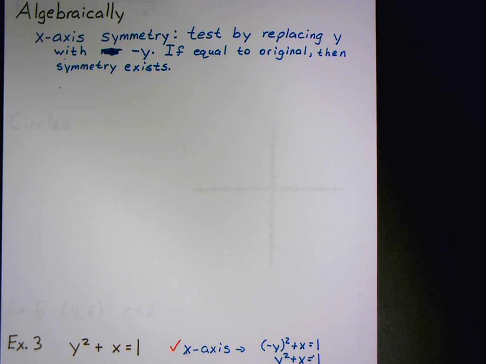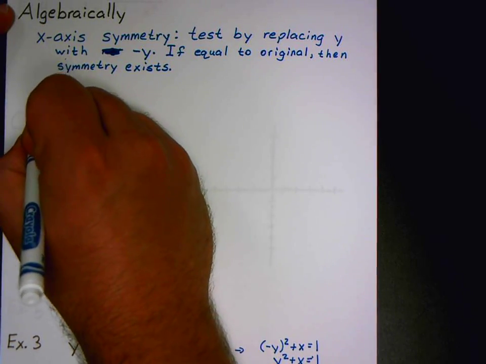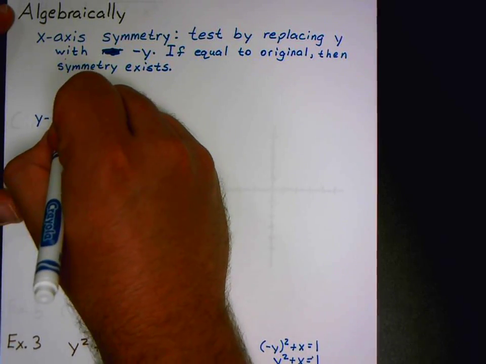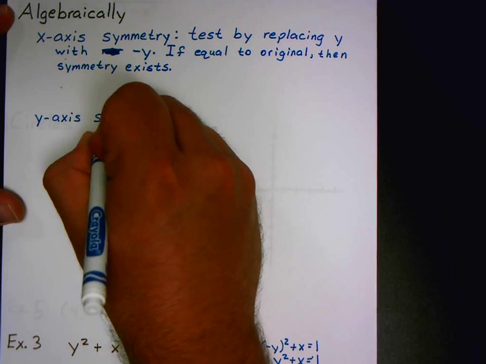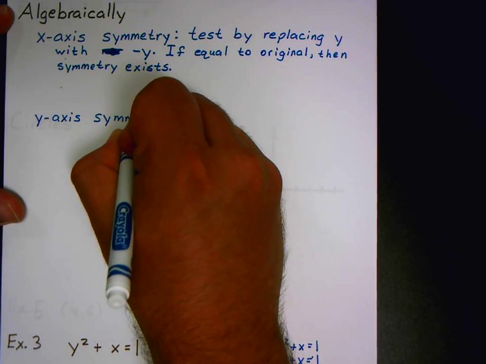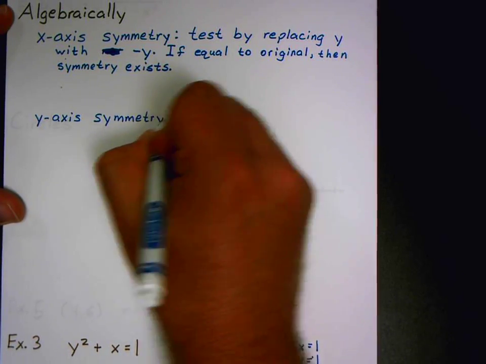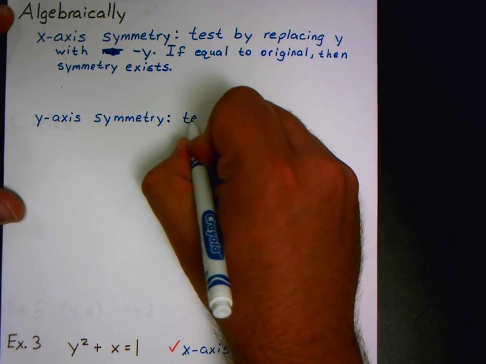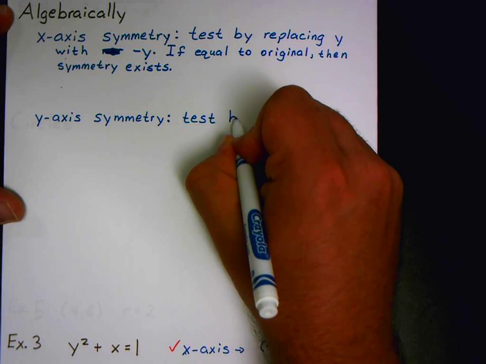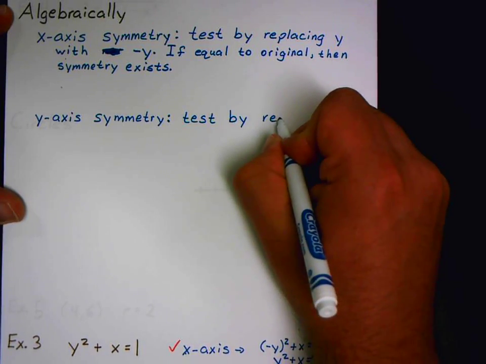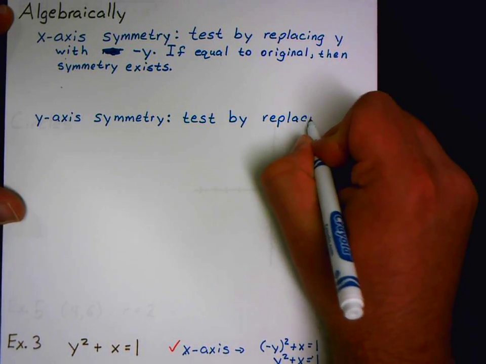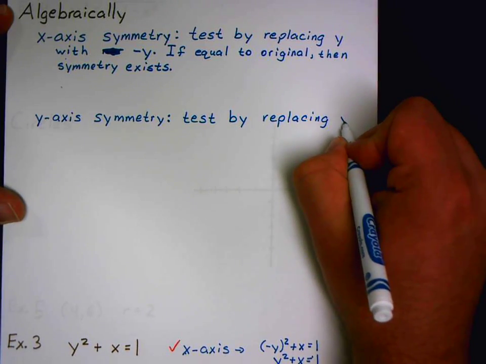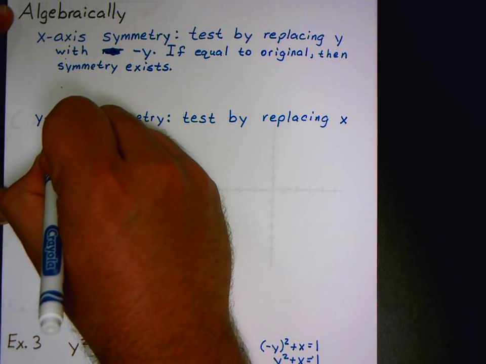If I want to test for y-axis symmetry, I'm going to test by replacing x with negative x.